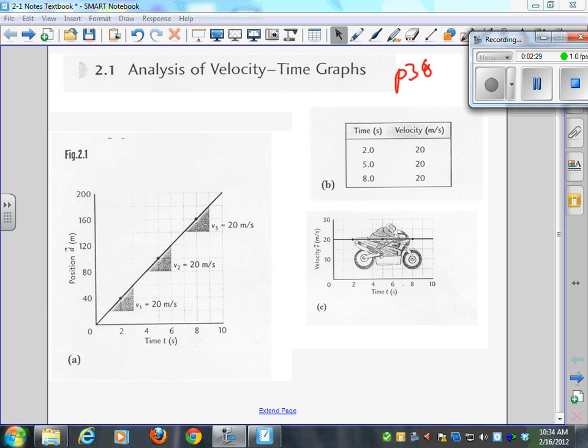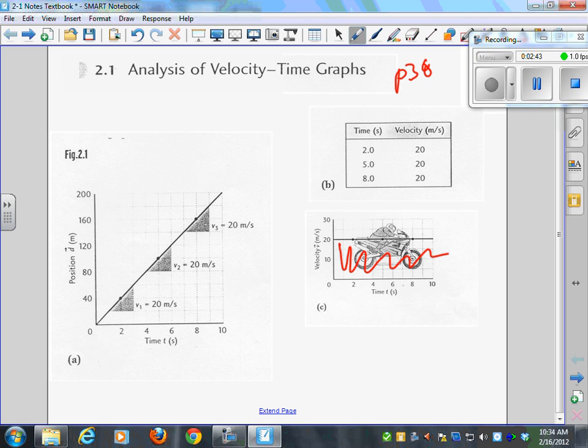You have to go V on the T. V equals D over T. Remember? 10 seconds. So in fact, Zach's saying 20 meters per second times 10 seconds. What you're actually saying, Zach, is we would find the area. Remember that? So to find the displacement from a VT graph, we find the area.